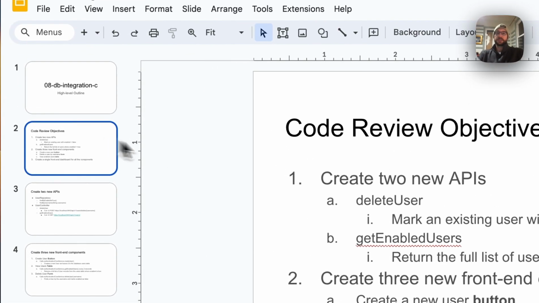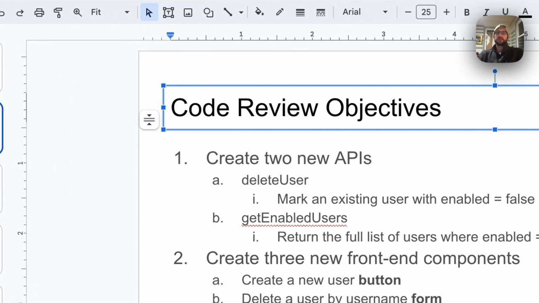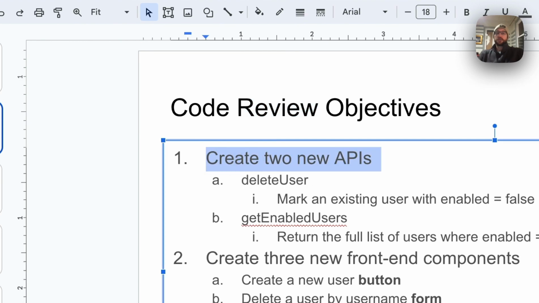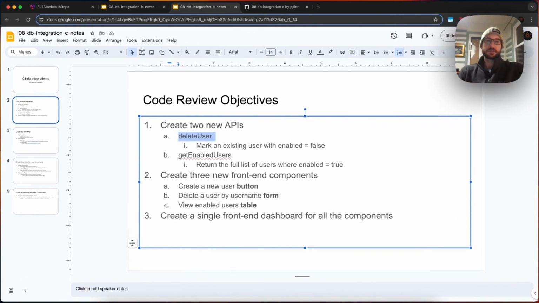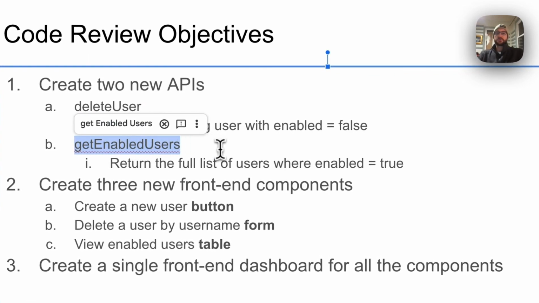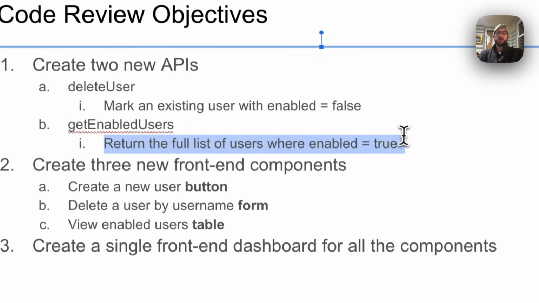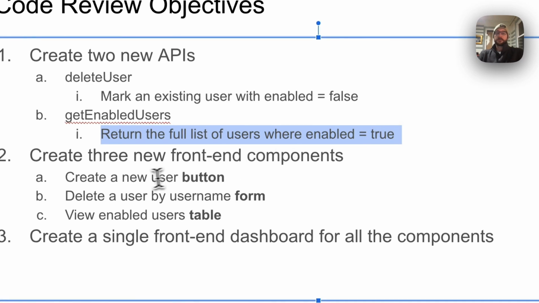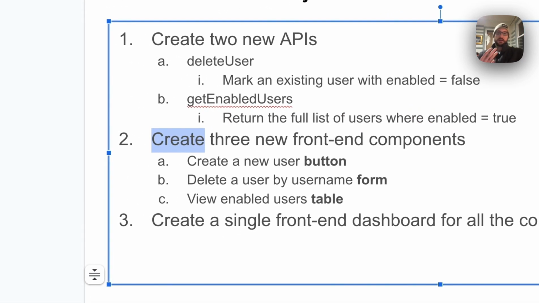Our code review objectives are: 1, create 2 new APIs, 1 to delete users, which really means just mark the user with enabled as false. It's a soft delete. And then another API, getEnabledUsers, which returns the full list of users where enabled is true. Next, we'll create 3 new front-end components.